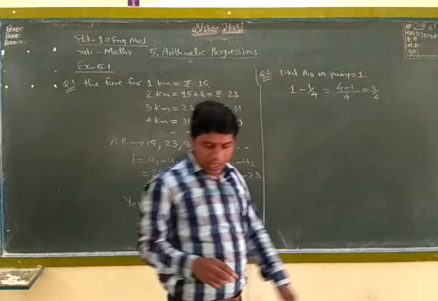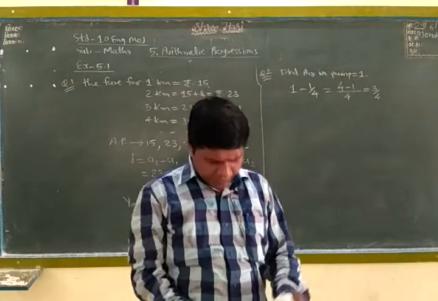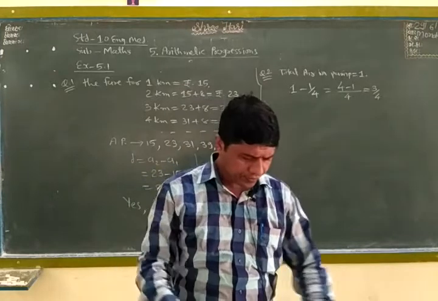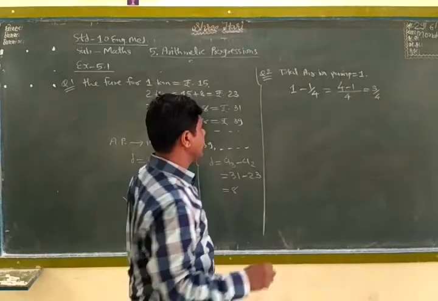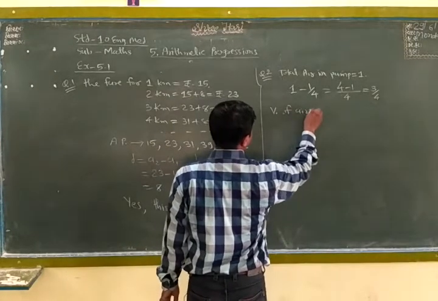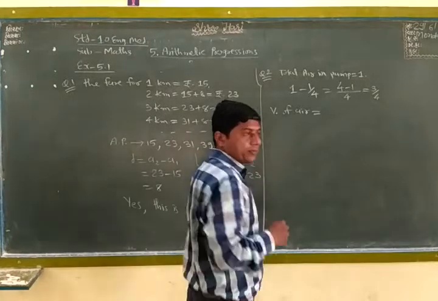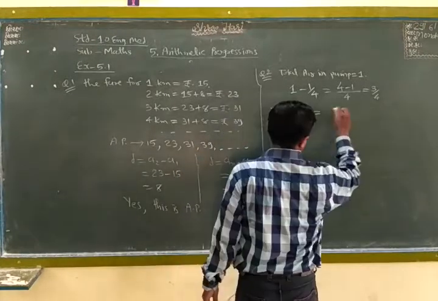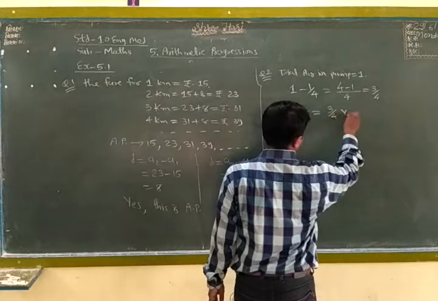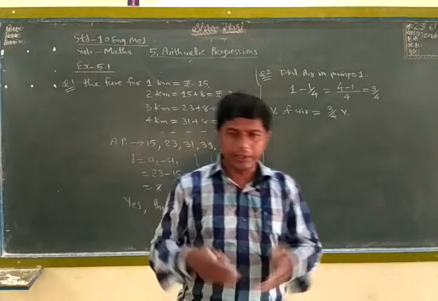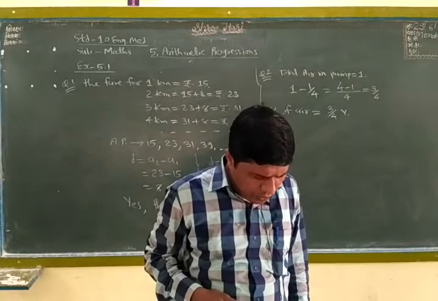Now again we take this. What happened? First, the volume of air, V, so 3/4 is given here, and V means volume because air is measured in volume, so 3/4 volume.